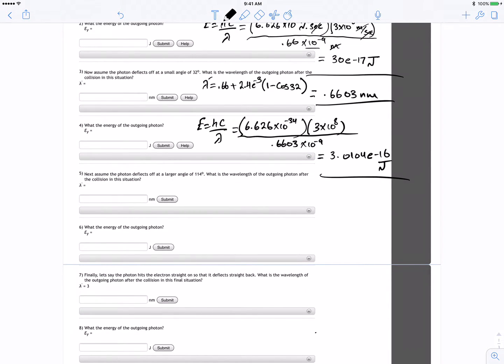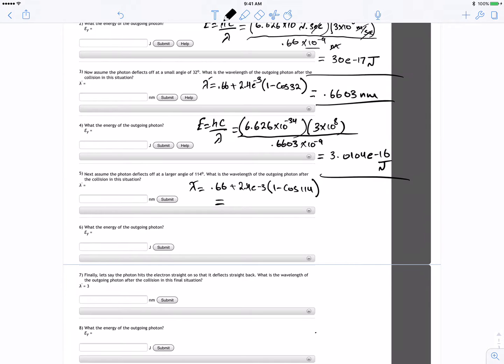Next, assume the photon deflects off a larger angle, which is 114 degrees. What is the wavelength of the outgoing photon? The same thing: I'll just write the numbers in, 0.66 plus 2.4 e to the negative 3 times (1 minus cosine of 114).